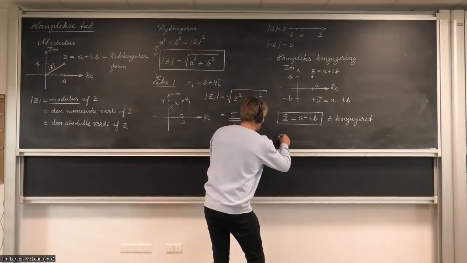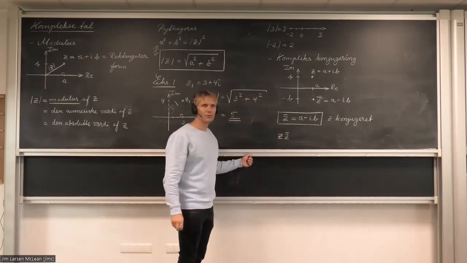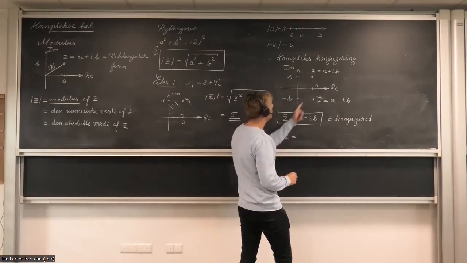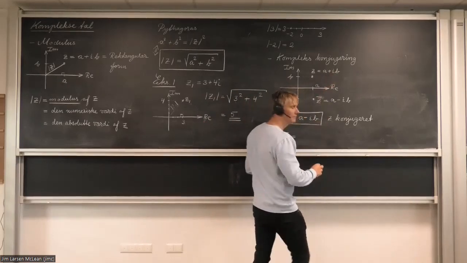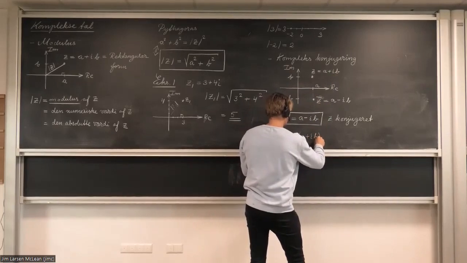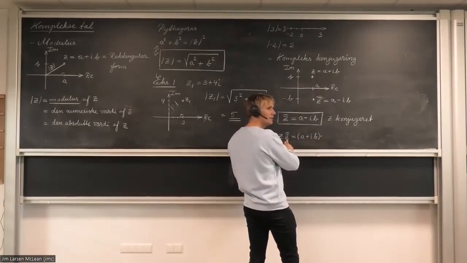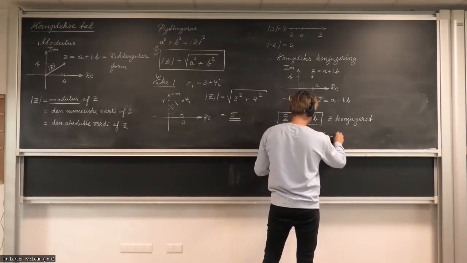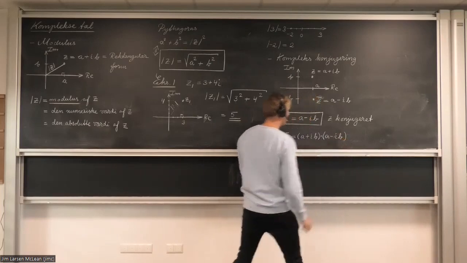So what does z times z conjugate give? We could just calculate that. So let's try that. z was a plus ib, and it should be multiplied by z conjugate, a minus ib.